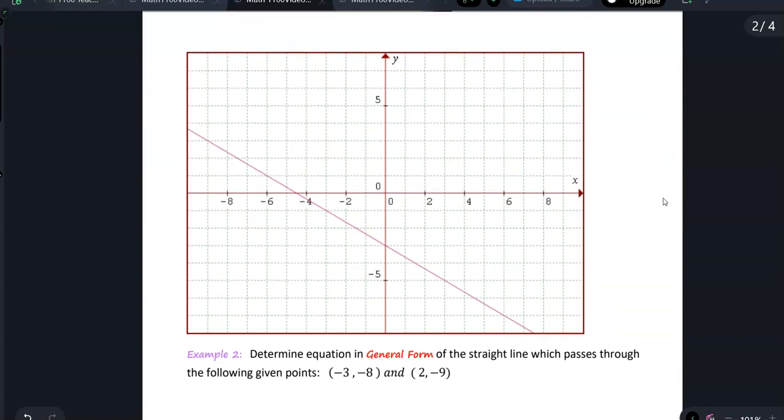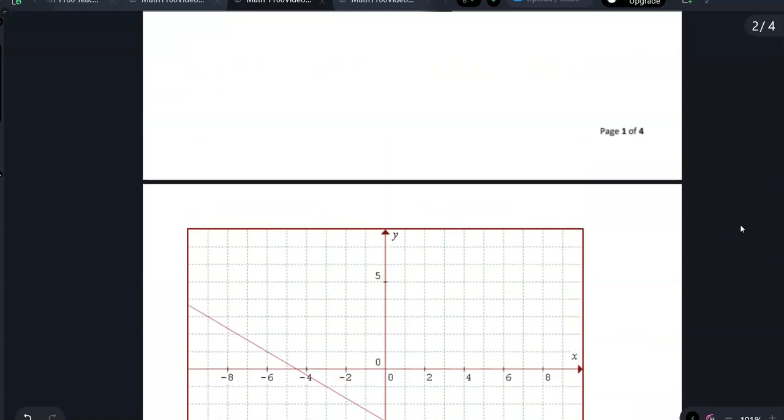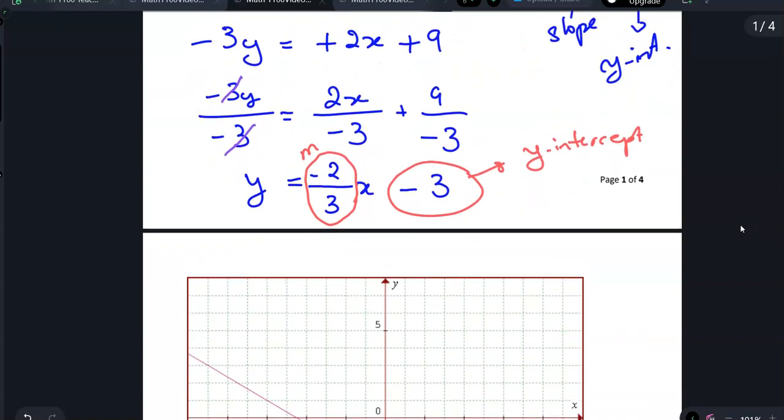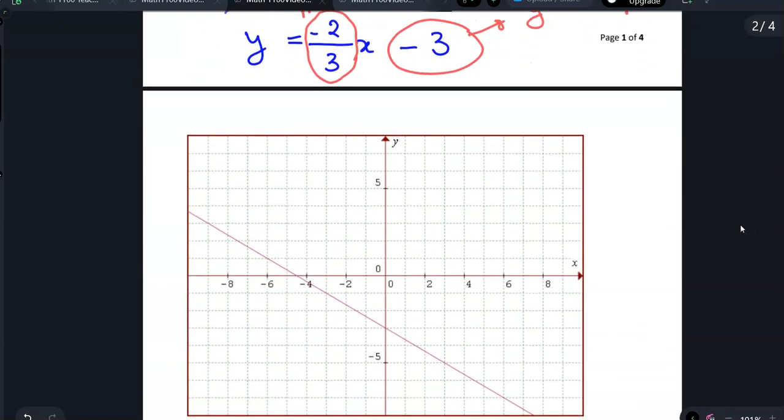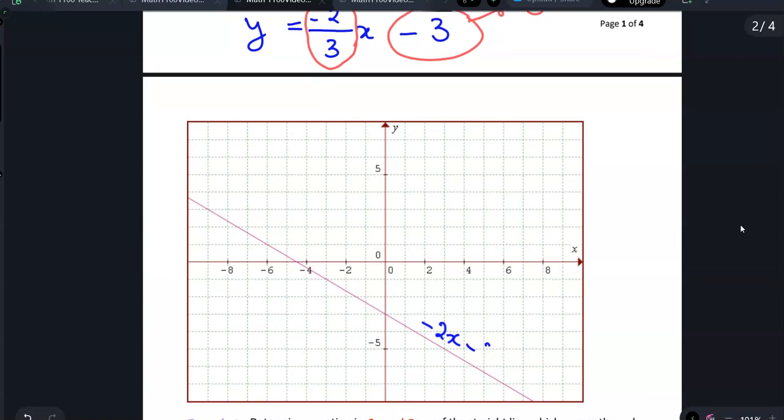Okay, so this graph will look like this. So this line here is the equation y equal to mx plus b, right? So let's go back and see what we have. This equation is negative 2x minus 3y minus 9 equal to 0.